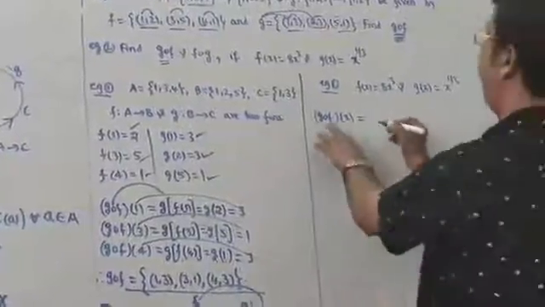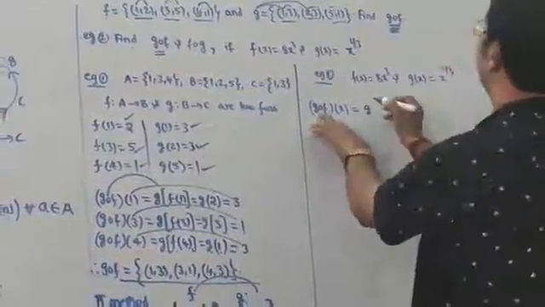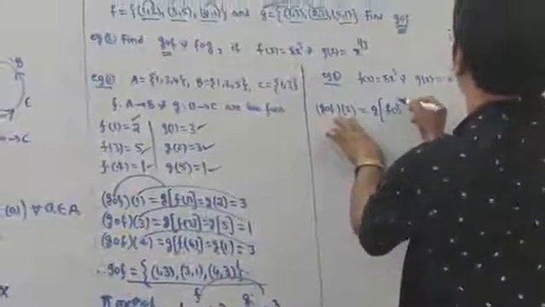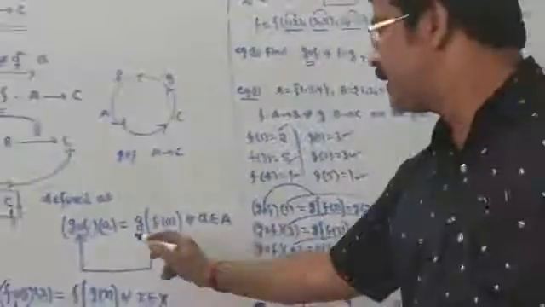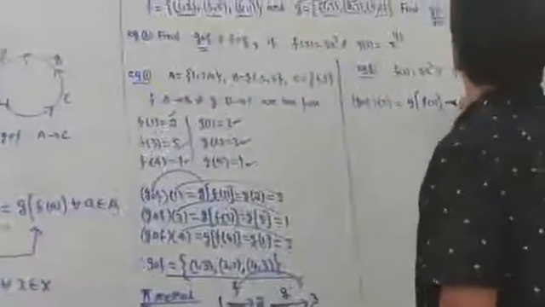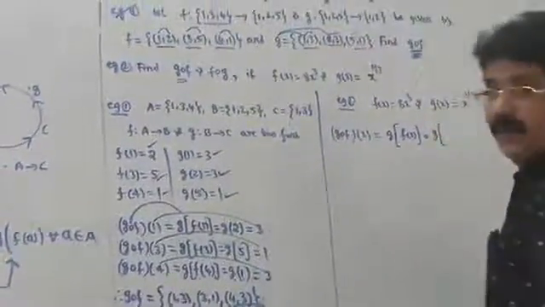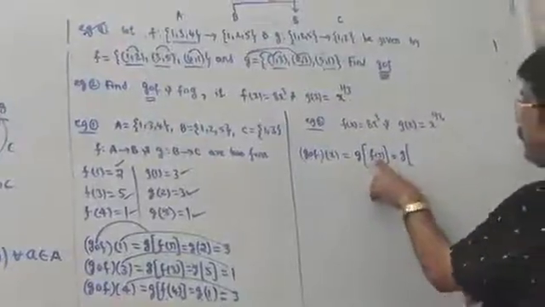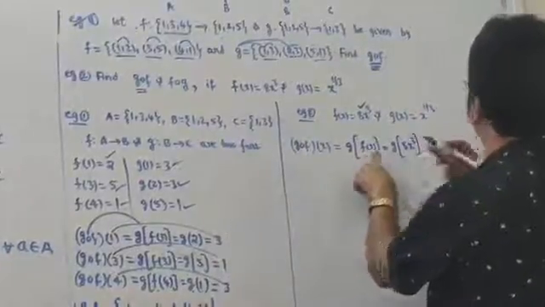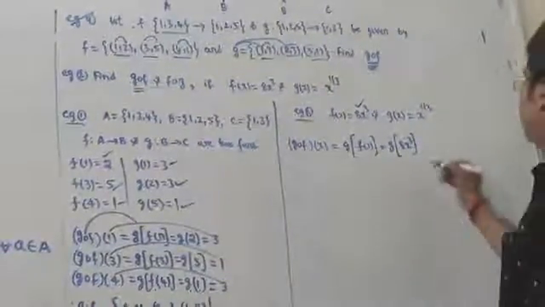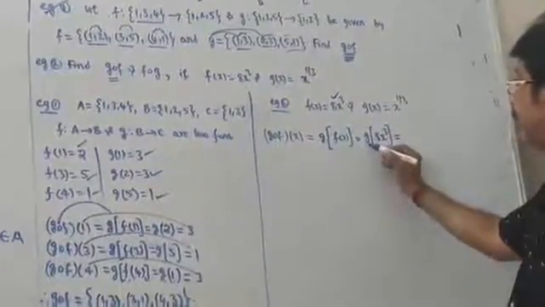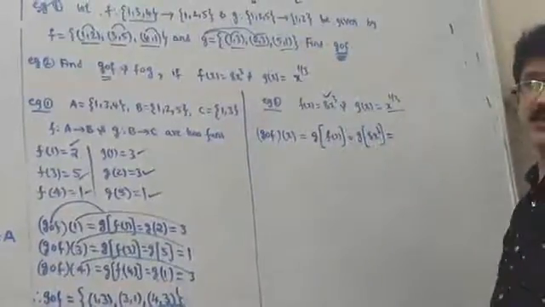That is equal to G of, what is f of x? 8x cubed. That is equal to G, go to G. G is x to the power of 1 by 3.